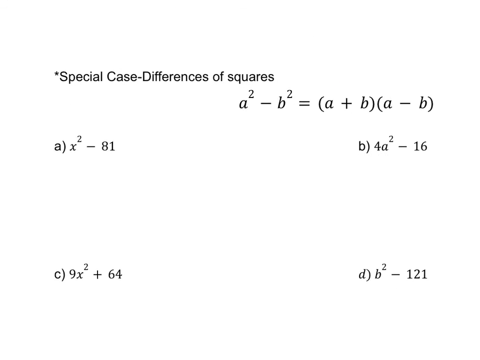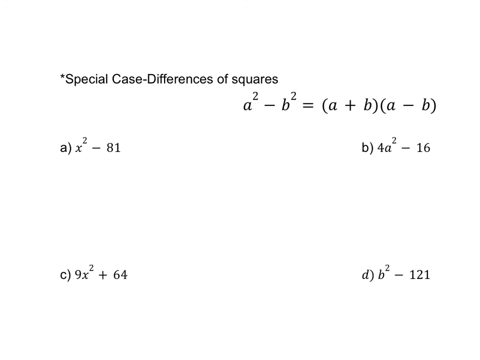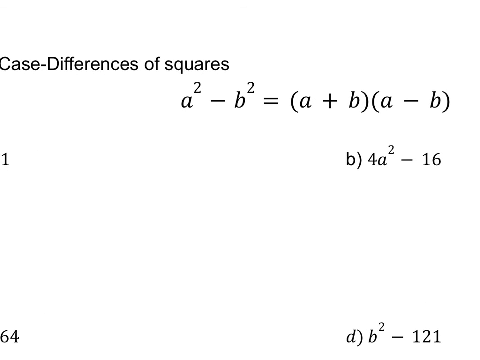So special cases come up sometimes. If you have just two terms and they say to factor it and there is a minus sign in between, and they are both perfect squares, which means you can take the square root evenly of both, then you can split it up.